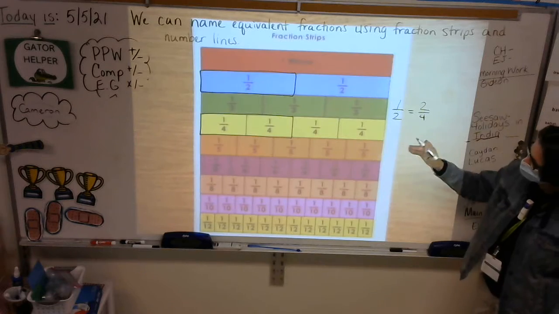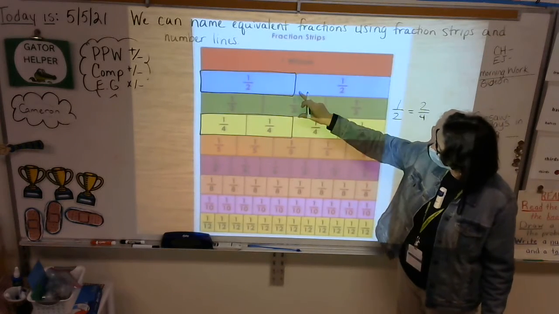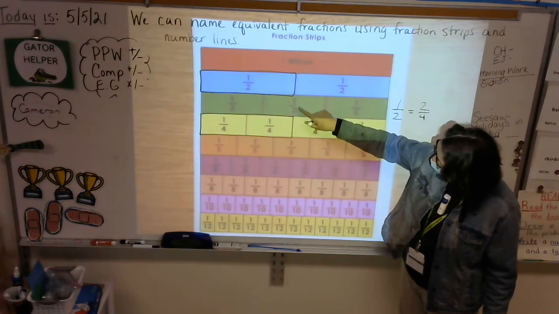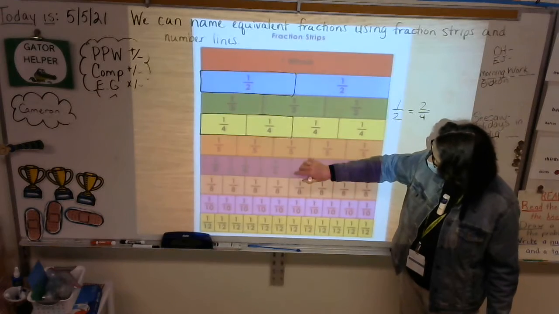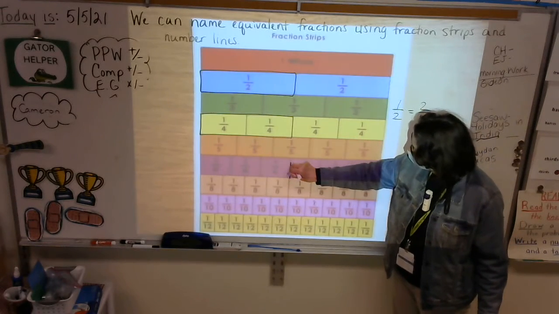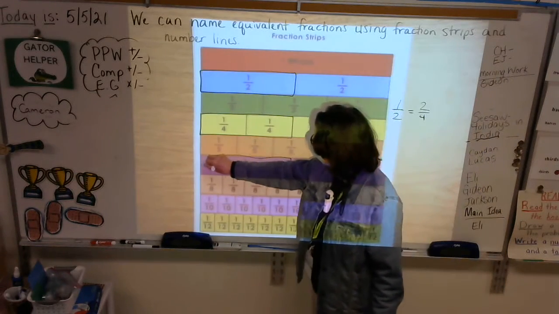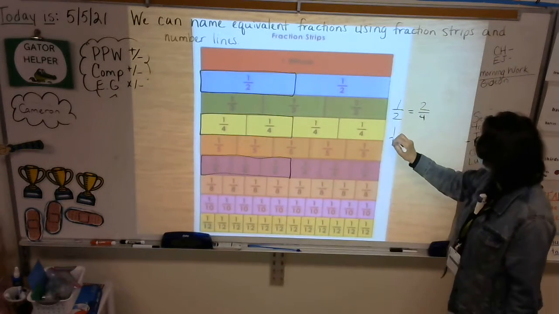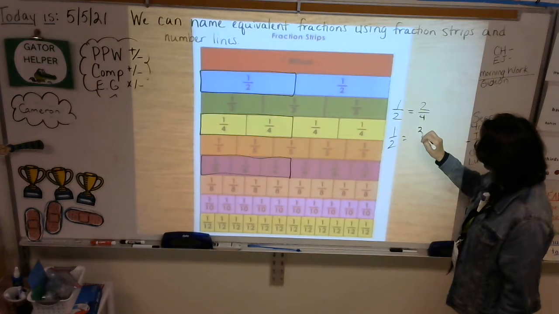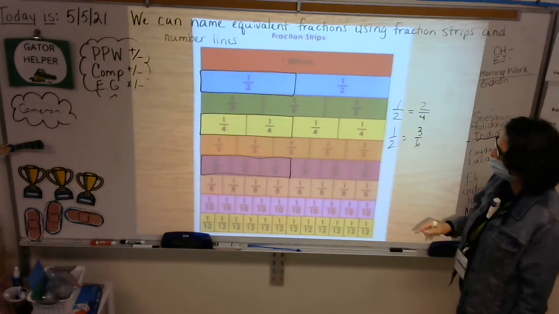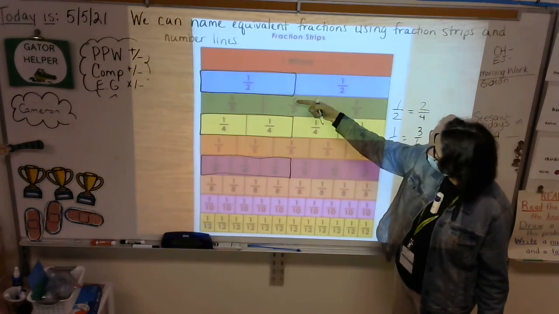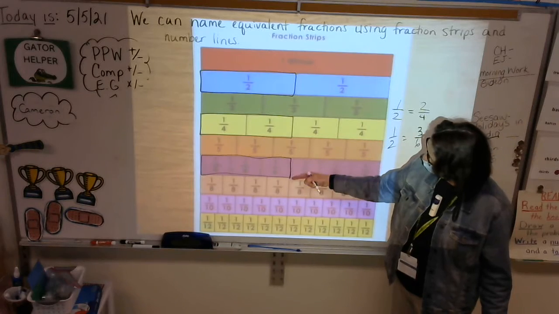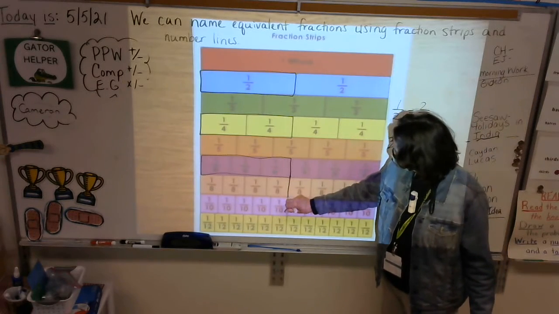Let's see, are there any other ones that are equal to 1/2? If I keep sliding my finger down here, aha, here's another one. So 1/2 is also equivalent to, very good, 3/6. Let's start at 1/2 again and follow down. Aha, there's another one.